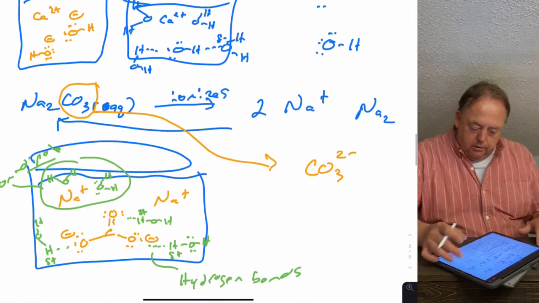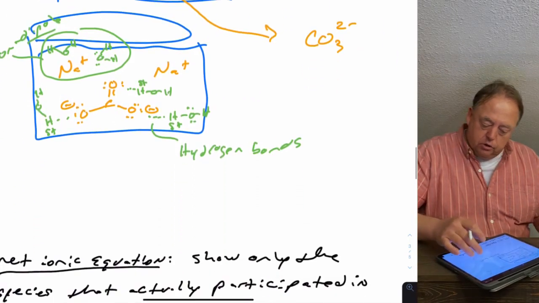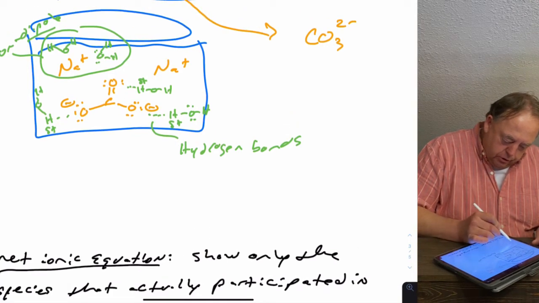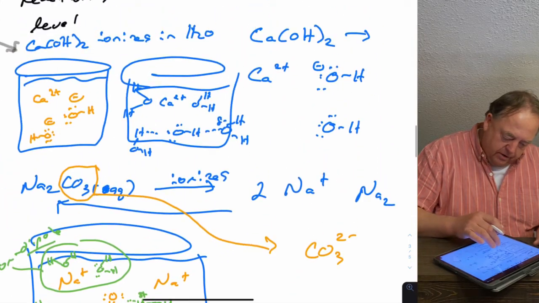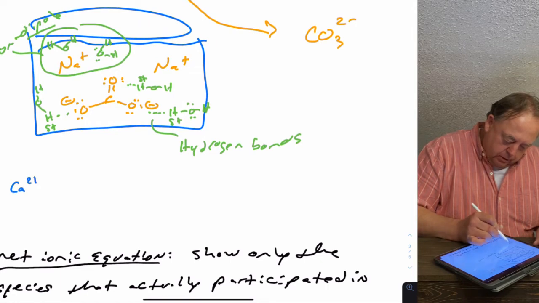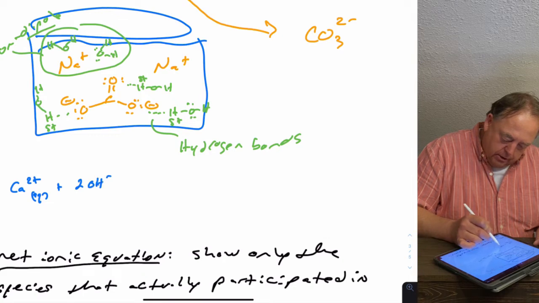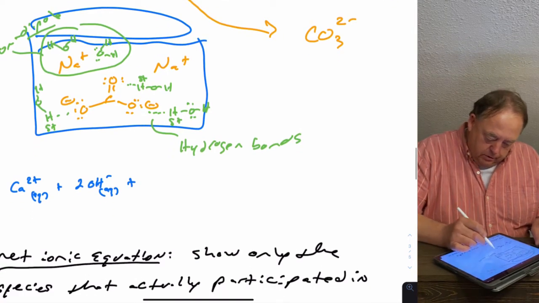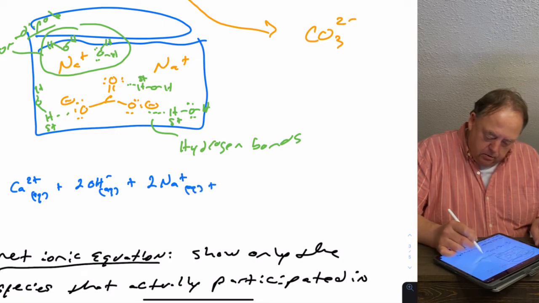Okay, so the ionic equation then tries to represent what the solutions actually look like in solution. So in solution, for every calcium hydroxide that dissolves, you have a calcium 2+ ion, and you have 2 hydroxide anions separated from each other. And for every sodium carbonate that dissolves, you have 2 sodium cations and 1 carbonate anion.